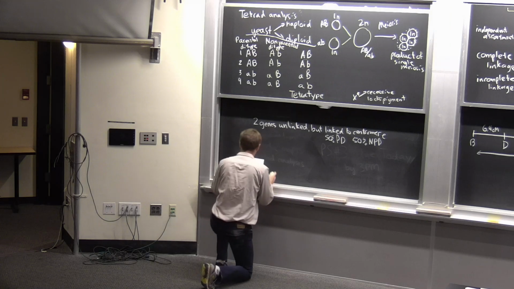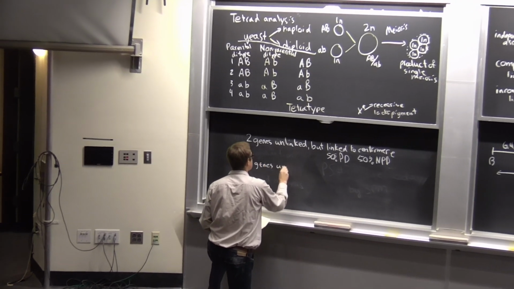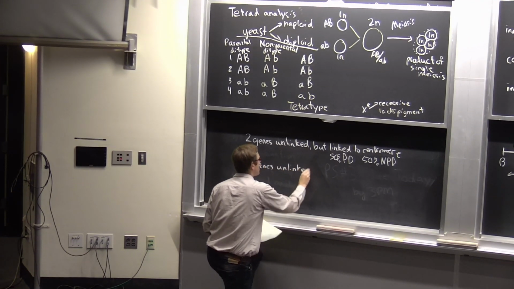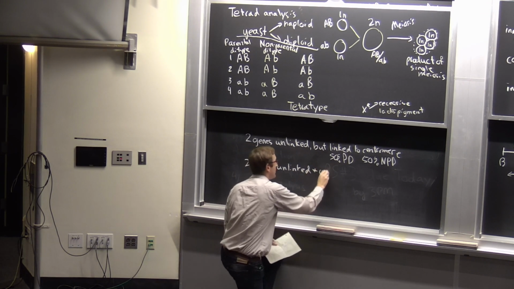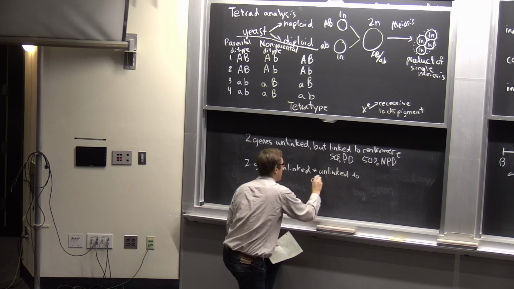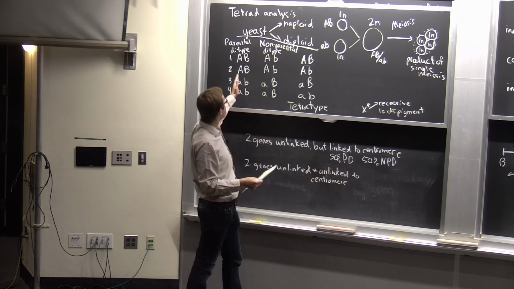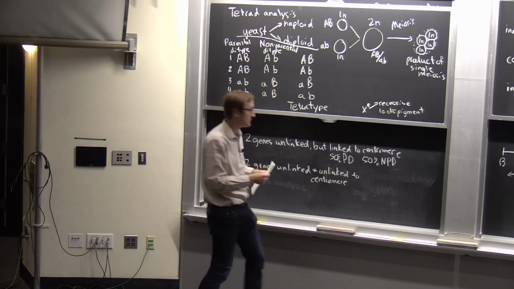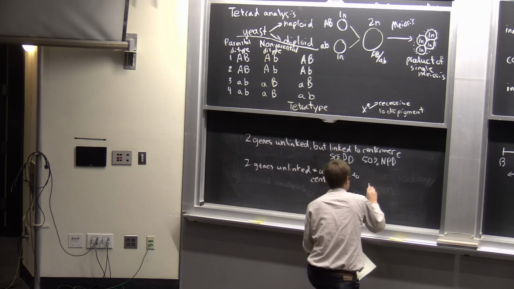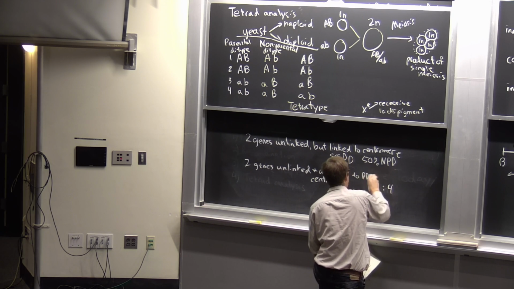So if you have 2 genes unlinked, and at least one is unlinked to the centromere, then you get a pattern where you have a 1 to 4 ratio between parental ditype, non-parental ditype, and tetratype.